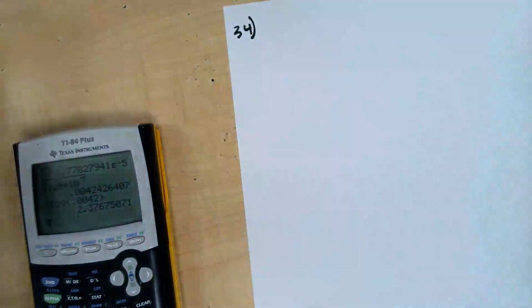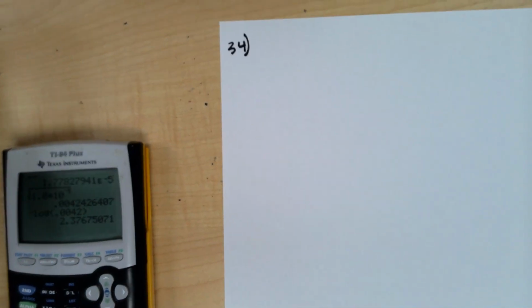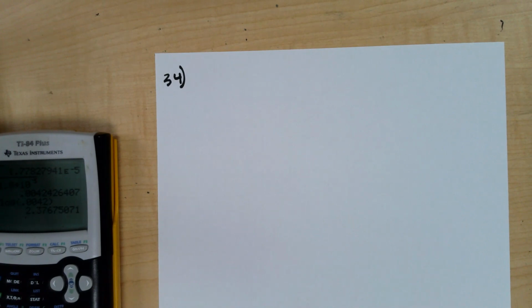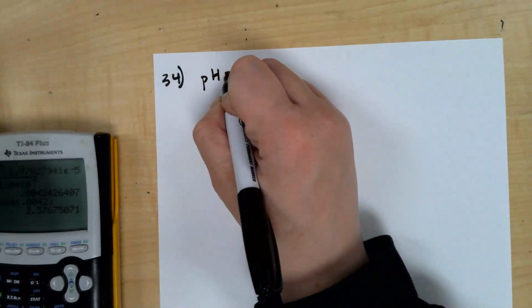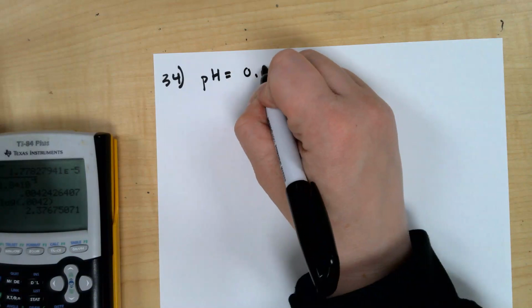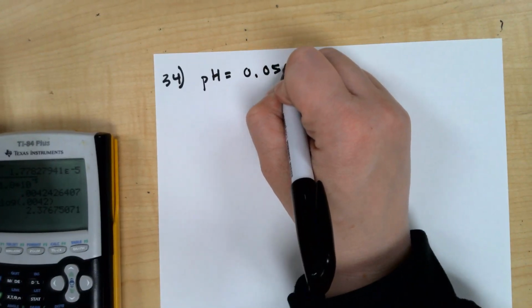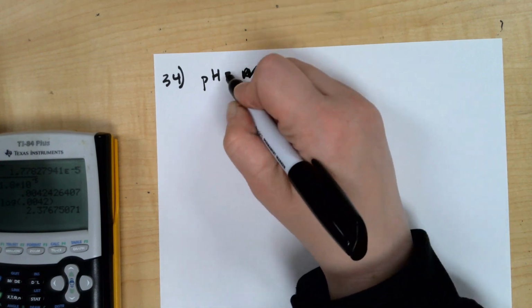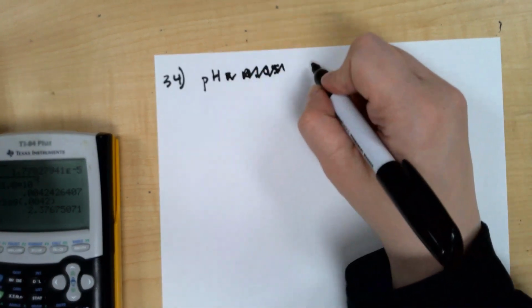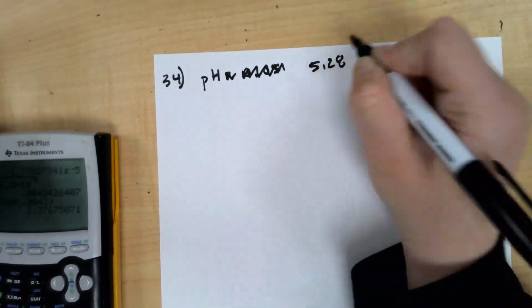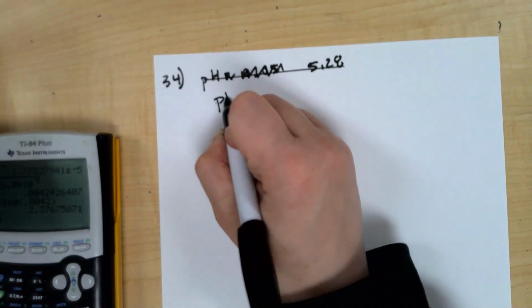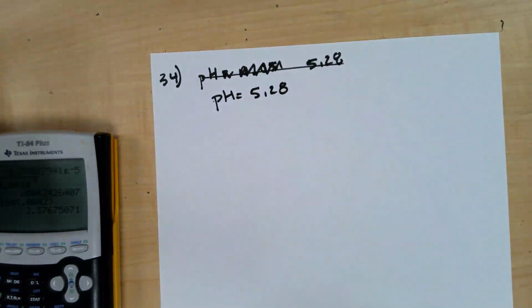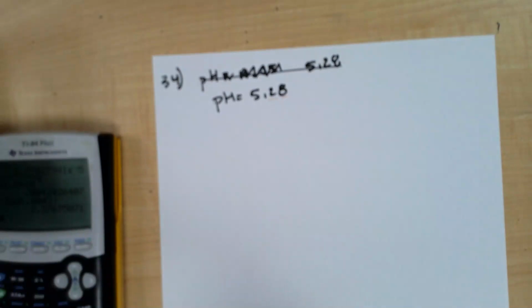What did it give us in the problem? I need to rearrange this one. Okay, in the problem, again, follow along with your own, but it told us what the pH of that boric acid was. The pH was 5.28, 2 sig figs.